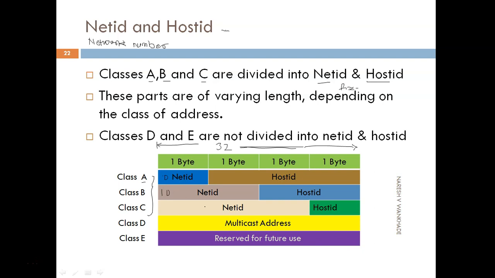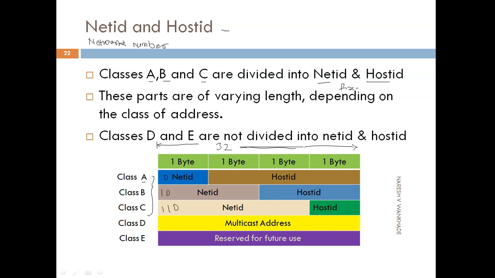Class C has a net ID, that is network ID, of 3 bytes and a host ID of 1 byte, and it has prefix 110. Here in class D there is no classification of IP address into net ID and host ID.